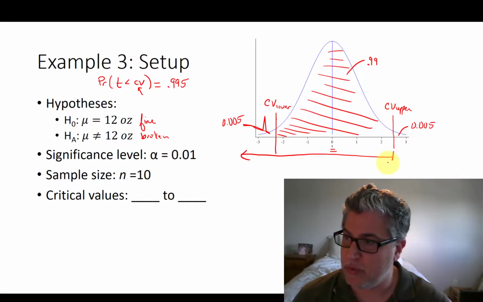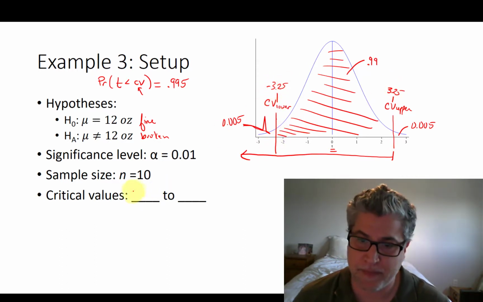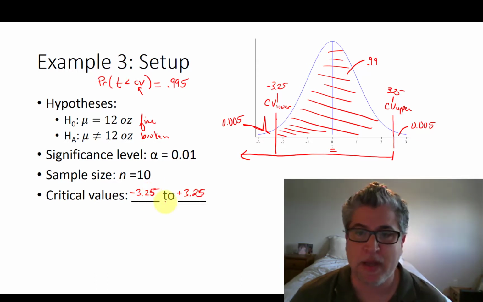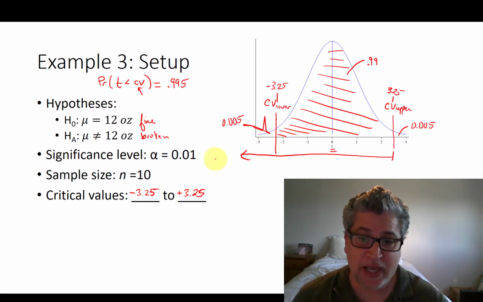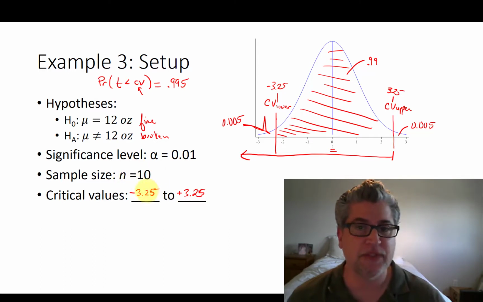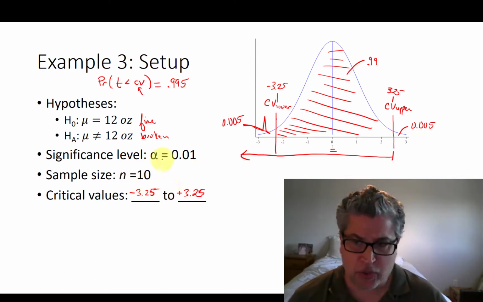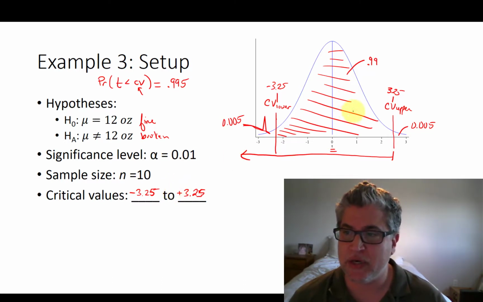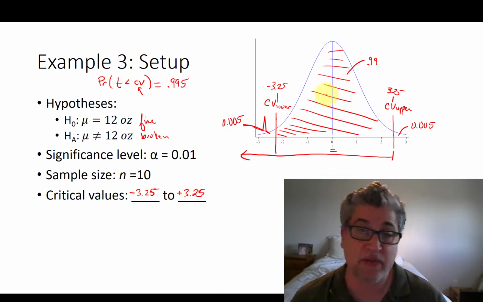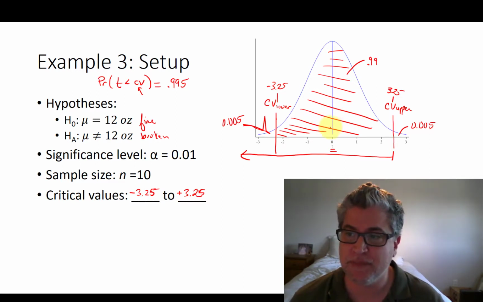And then we know right here that's 3.25, and this one here is negative 3.25, and positive 3.25. Now the thing that's left to do is actually pull the sample of 10 cans, construct a test statistic, and then see whether our test statistic is inside here, the allowable range of sample averages, or in the tails, which would indicate that our machine is broken because we're in a rejection region.